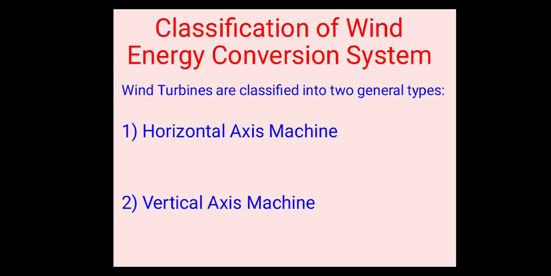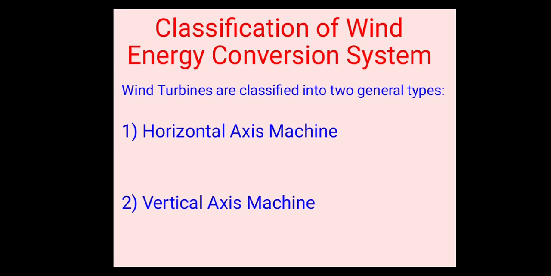In this lecture, we discuss the classification of wind energy conversion systems. Wind turbines are classified into two general types: horizontal axis machine and vertical axis machine. A horizontal axis machine has its blades rotating on an axis parallel to the ground.